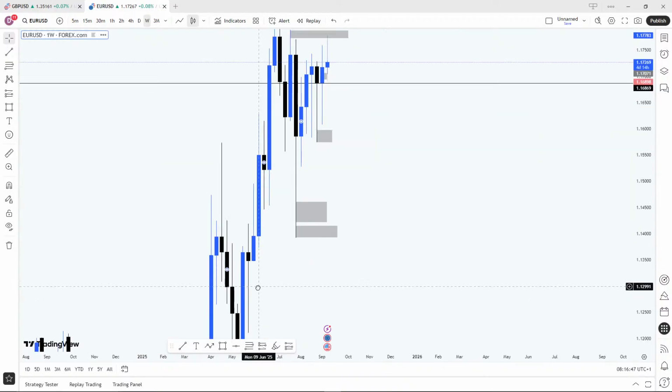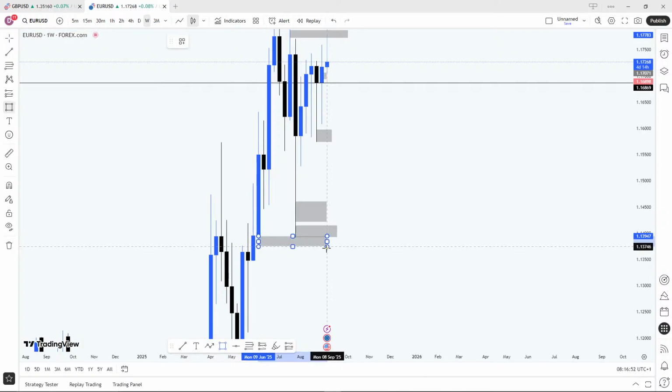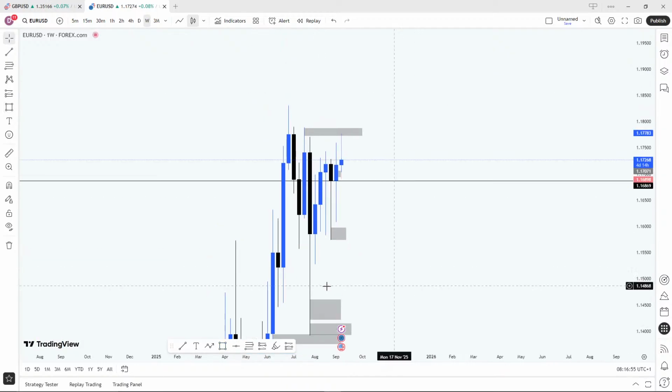So we expect it to keep going higher. We expect it to take out this nearest liquidity, because this is the most obvious high, which the price will likely take out since it's buying from that weekly order block.